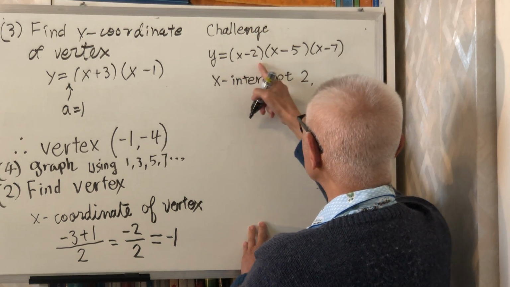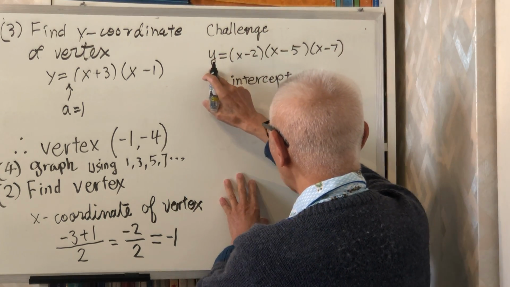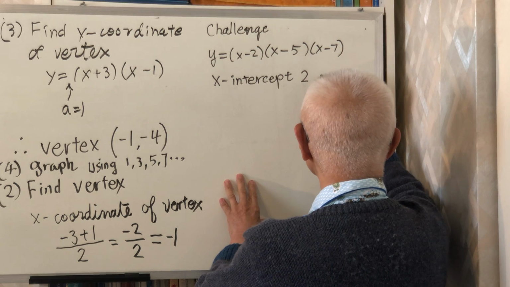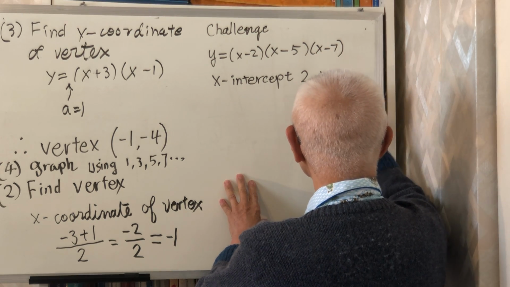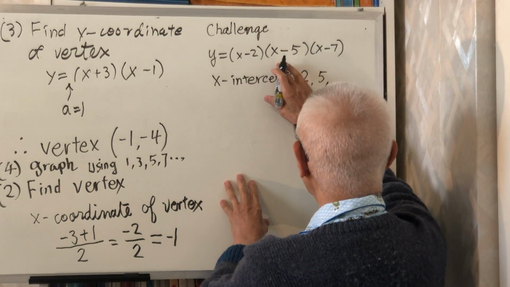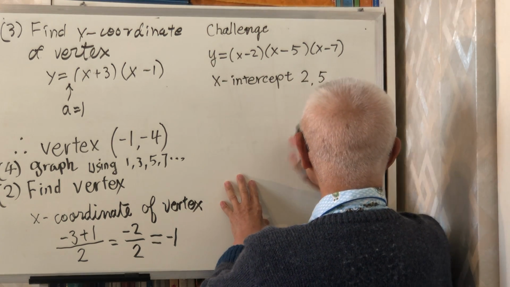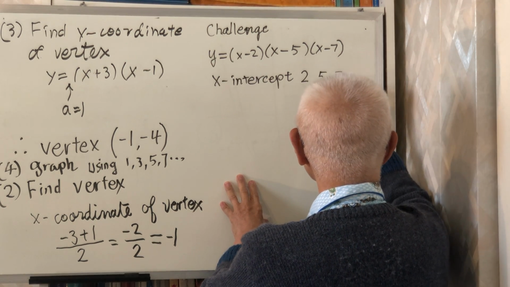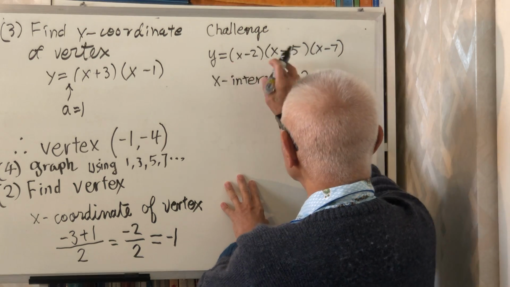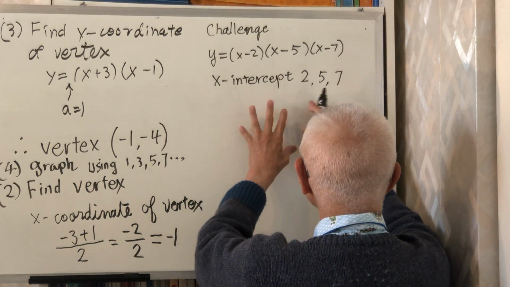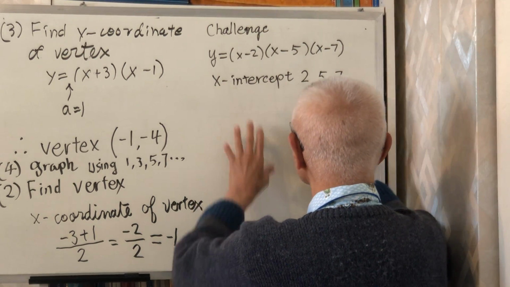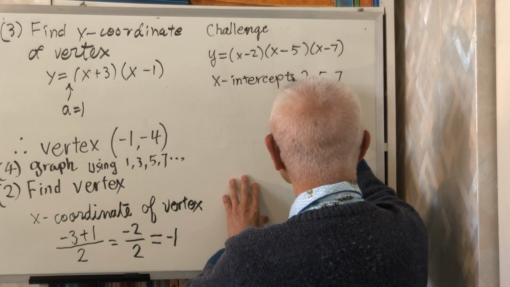Because x equals 2 makes the whole thing 0, makes y 0. 5: x equals 5 makes y 0. And 7: when x is 7, y is 0. So 2, 5, 7 are x-intercepts.